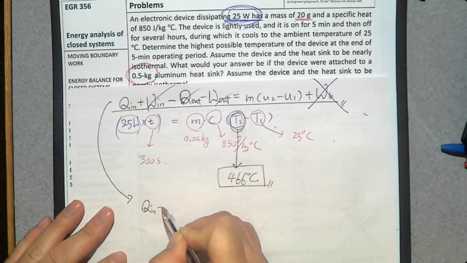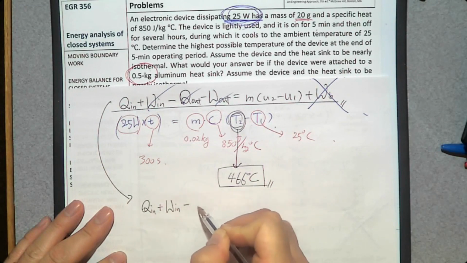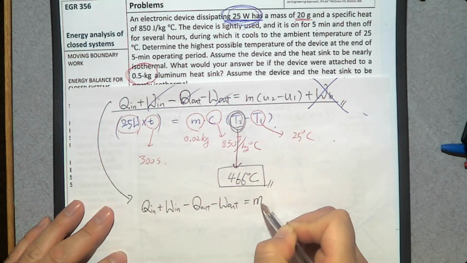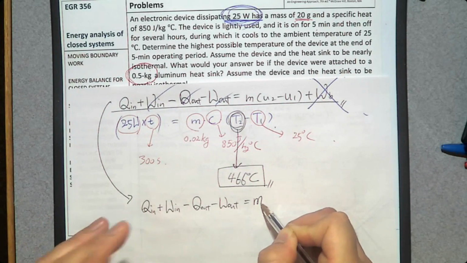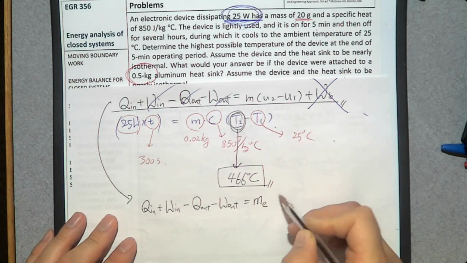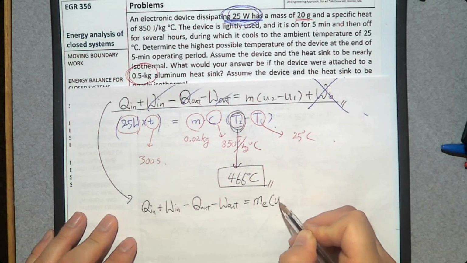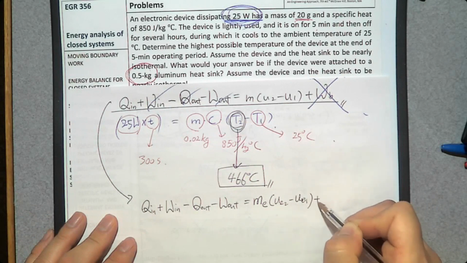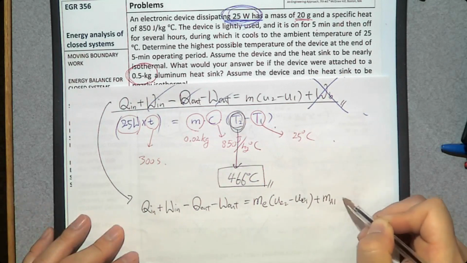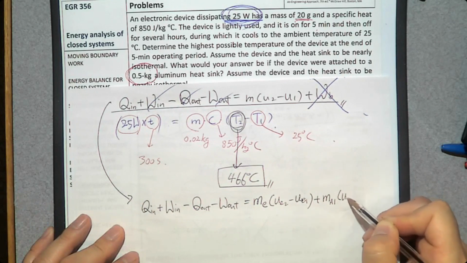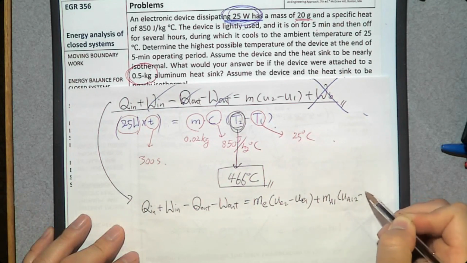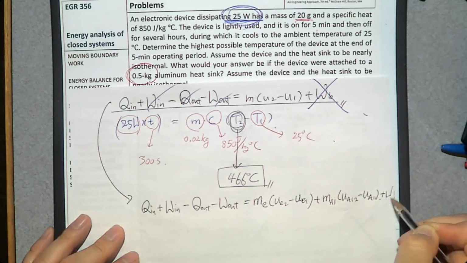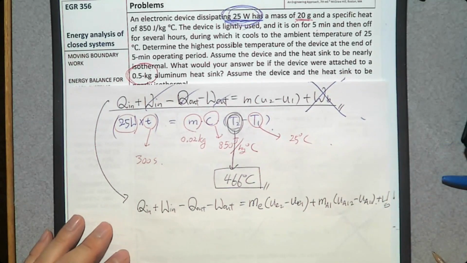Q in plus W in minus Q out minus W out is going to be mass of the electronic device, let's say ME, times UE2 minus UE1, plus aluminum, MAL, times UAL2 minus UAL1, plus WB, so it's a moving boundary work.